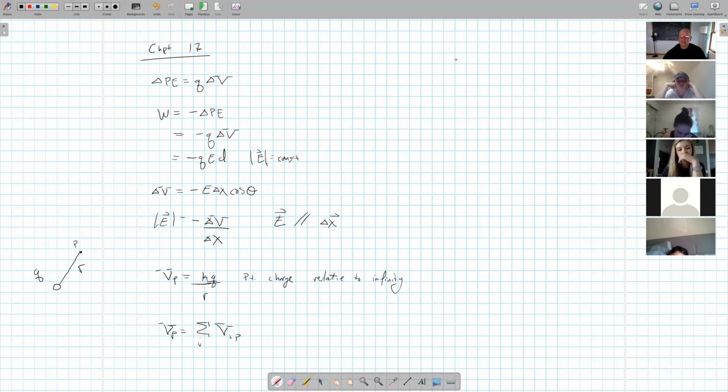Now we have capacitance. So we know that charge is equal to the capacitance times the change of potential. So this is for capacitors. We have capacitance is equal to epsilon naught times area divided by the distance. This is for parallel plate capacitors.